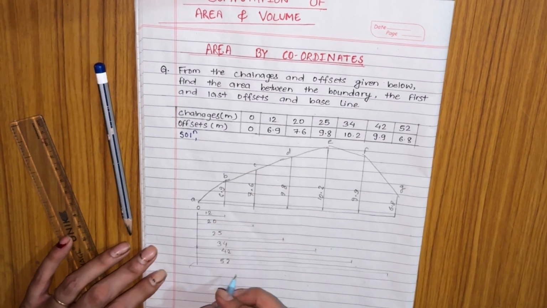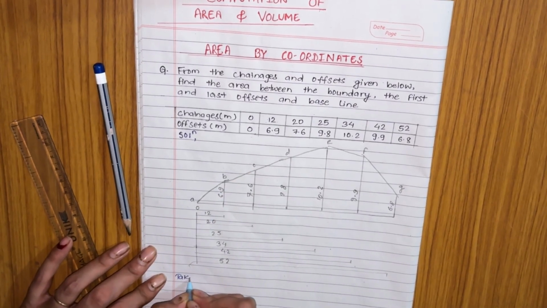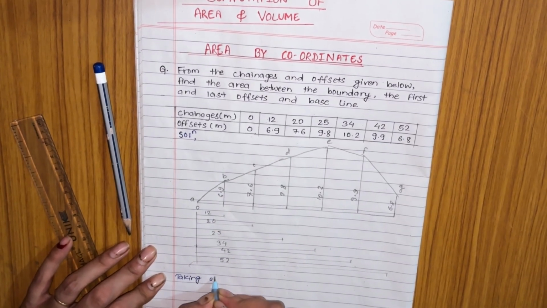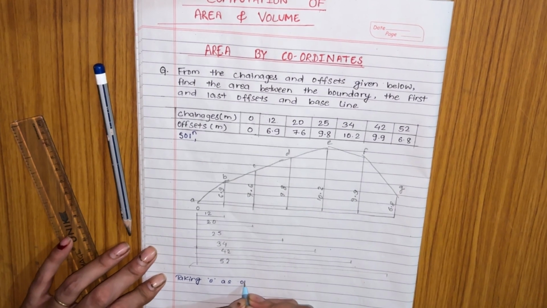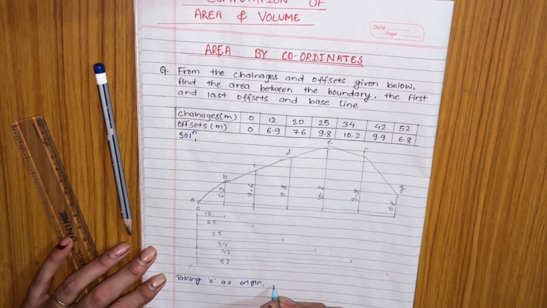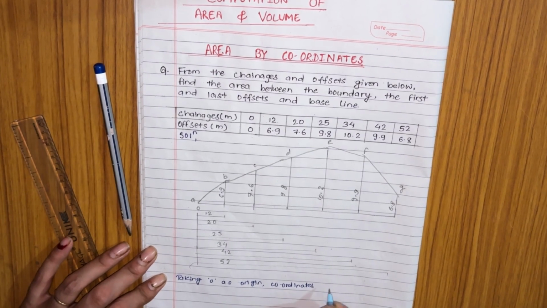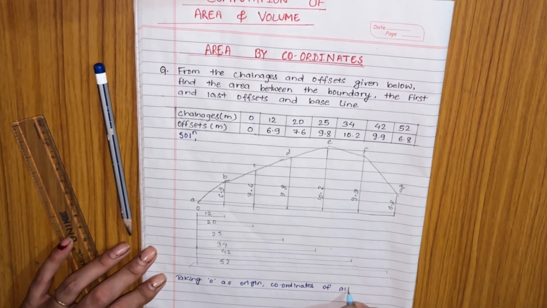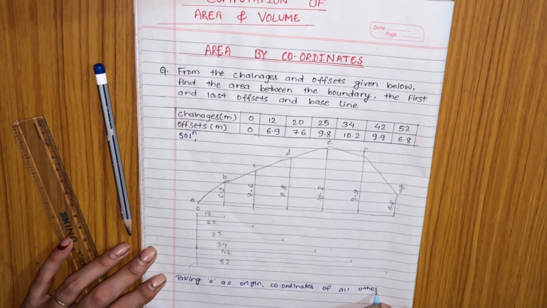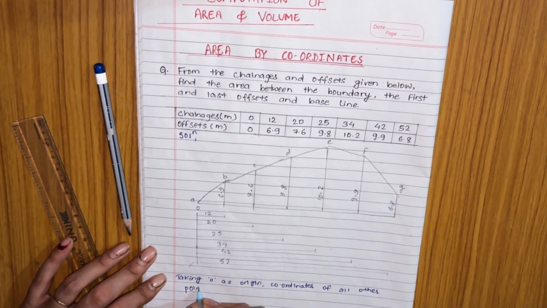Now taking O as the origin, coordinates of all other points are arranged.